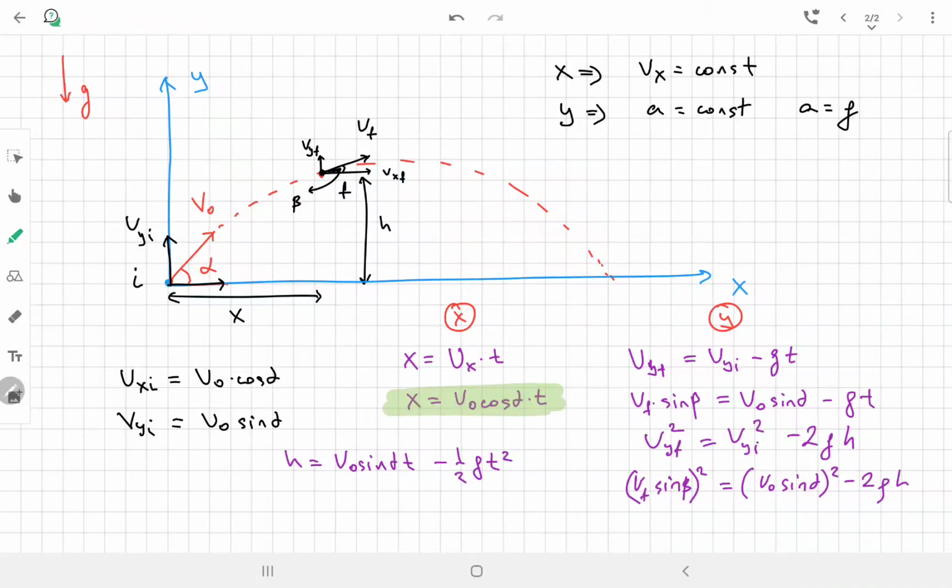One equation in the x direction, and three equations in the vertical direction. This is the first one, this is the second one, and this is the last one. That's all. By using these equations, you can solve any physics problem related to motion in 2 dimensions. The rest is just a matter of logic, and it depends on the problem. It's a matter of practice.